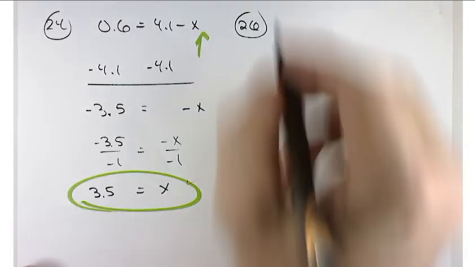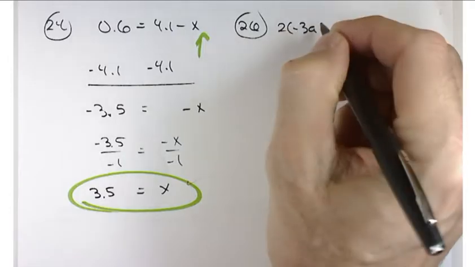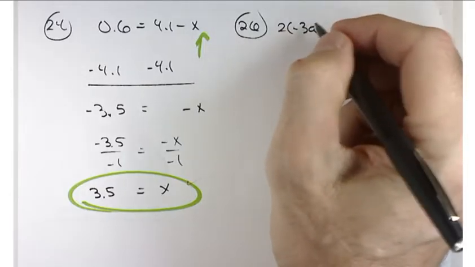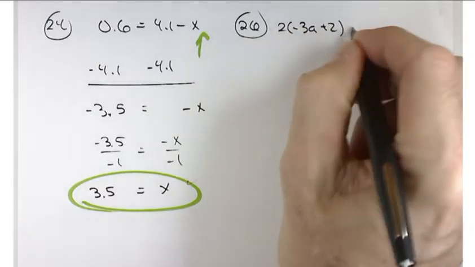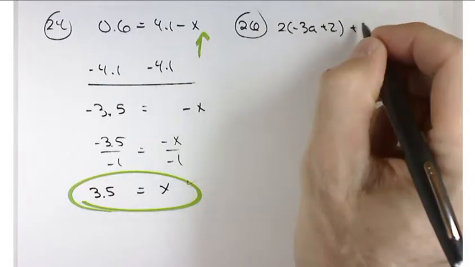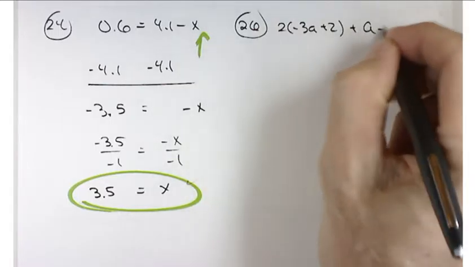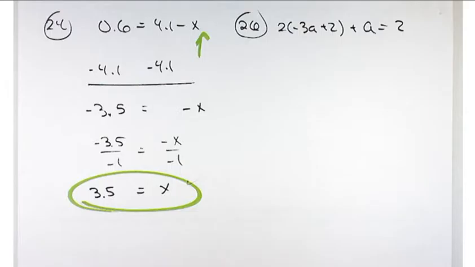2 times negative 3a plus 2 plus a equals 2. So what's different about this one is you've got these grouping symbols first that you have to deal with. By that I mean the parentheses. How do you think we're going to deal with the parentheses?